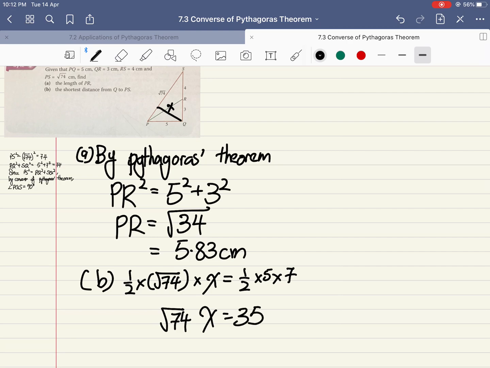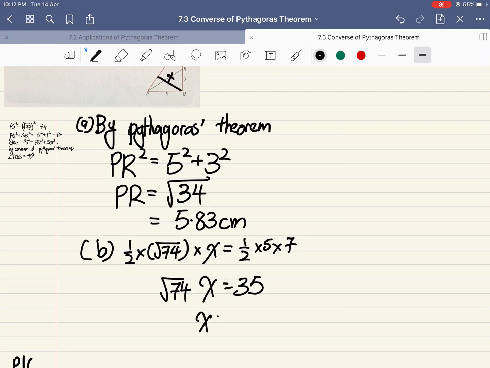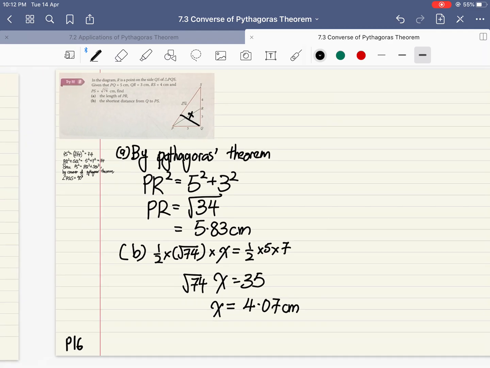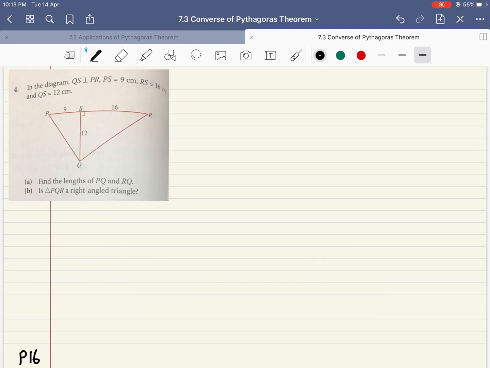What I will get here is square root of 74 times X is equals to 35. If I divide both sides by square root of 74, my X value is 4.07 cm. That gives me the shortest distance from Q to PS.